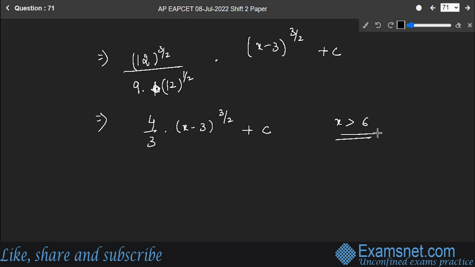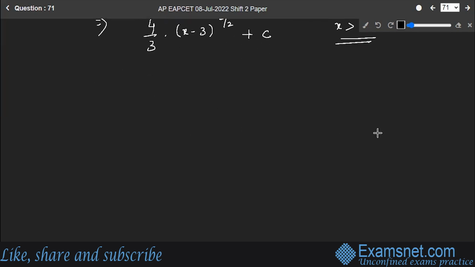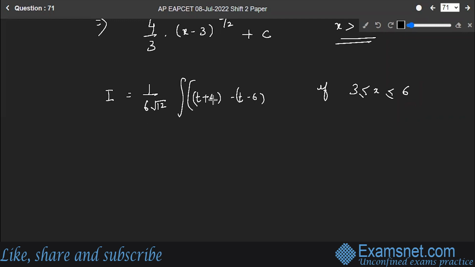Now the second one, I'll take that integral back again. Now if x lies between 3 and 6, then the integral will be given by 1 upon 6 root 12 integral of t plus 6 minus t minus 6, t dt.